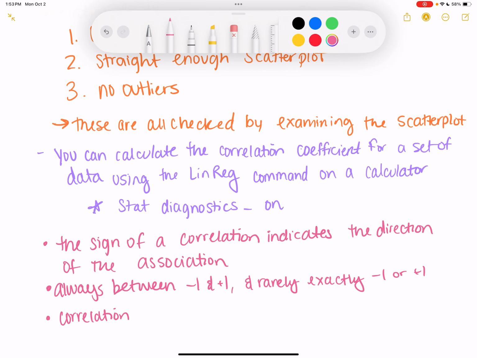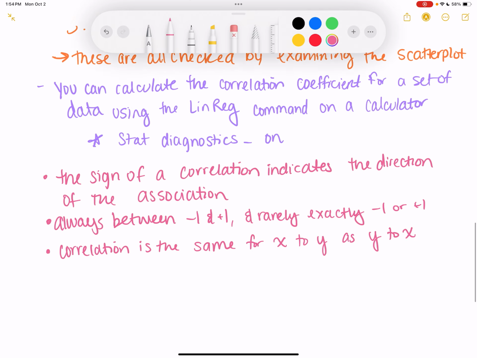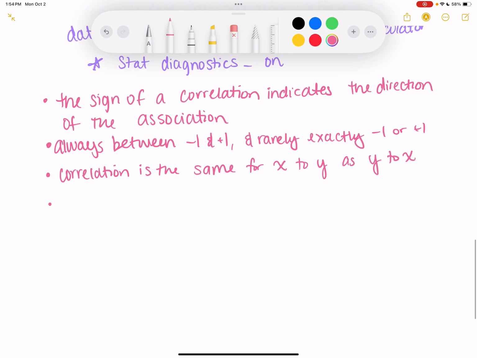Correlation is the same for x to y as y to x. It has no units.